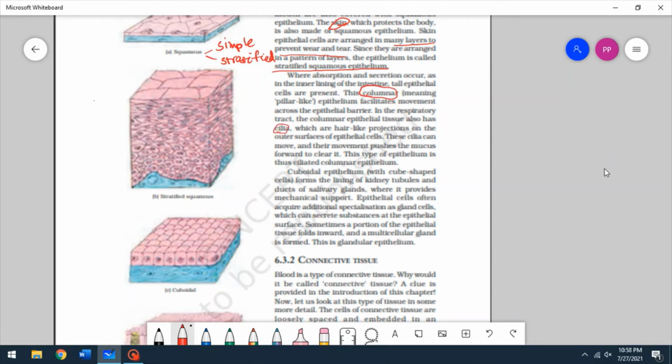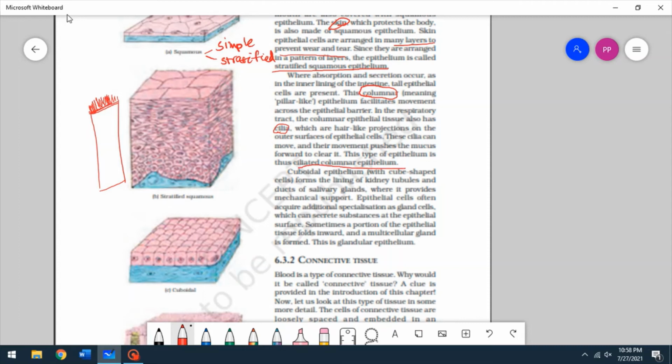Cilia are fine hair-like structures. So if this is the columnar epithelial tissue, it has these very thin and fine hair-like structures. All right. And these cilia can move. Their movement pushes the mucus forward to clear it, and this type of epithelium is the ciliated columnar epithelial tissue.